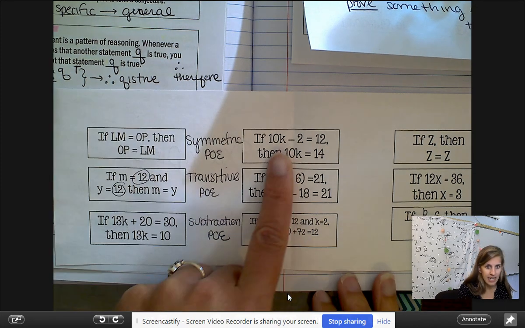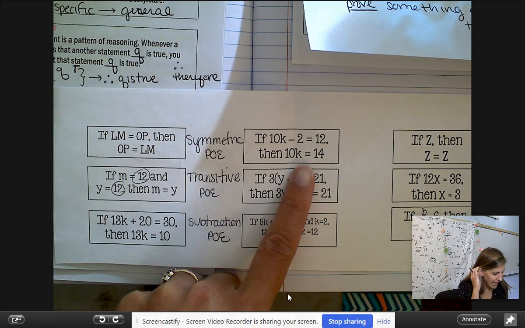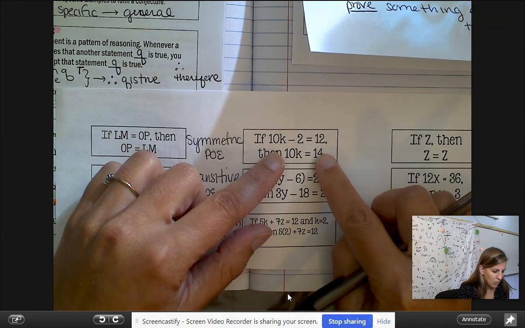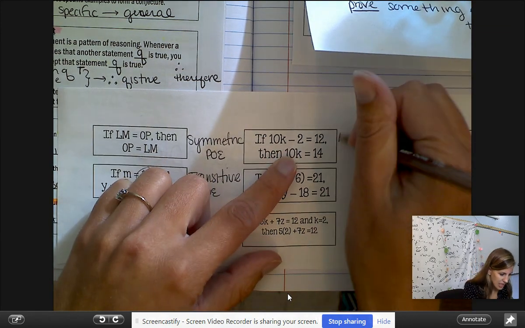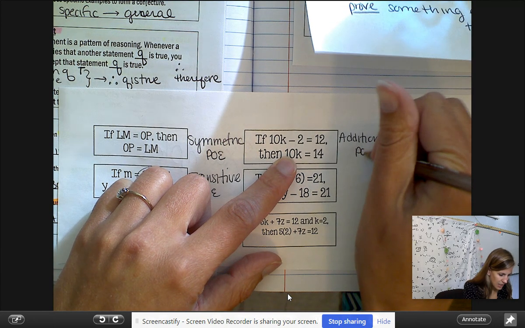Okay, so up here, if 10k minus 2 is 12, then 10k equals 14. So when I compare here to here, what looks like happened is they got rid of that 2 by adding it. So this is the addition property of equality.